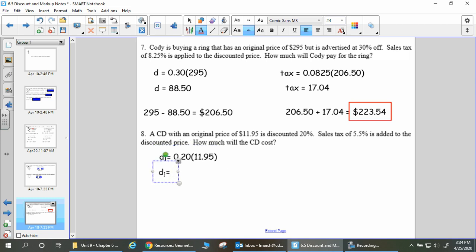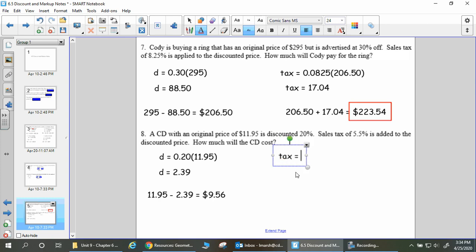If I take the 20% times the $11.95, we're saving $2.39. So $11.95 minus $2.39 means right now we are paying $9.56. But again, we have to think about tax.